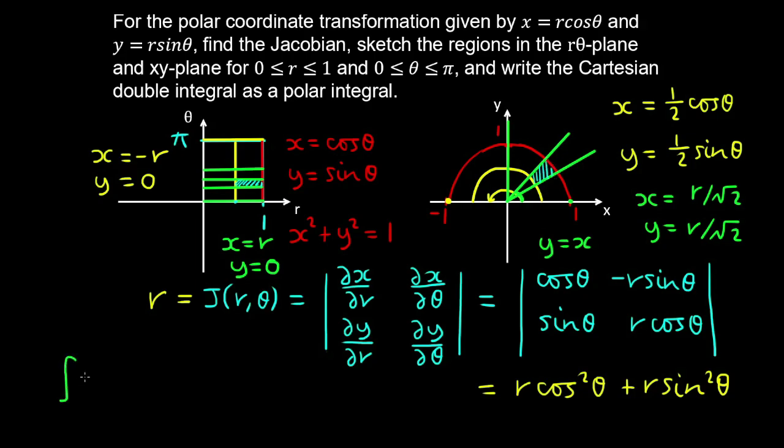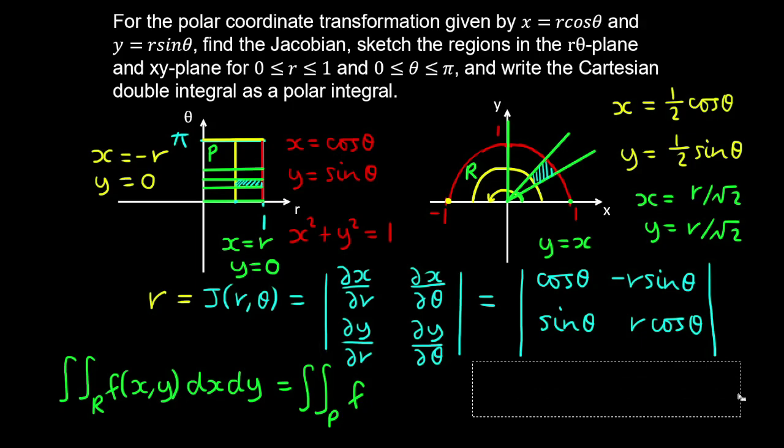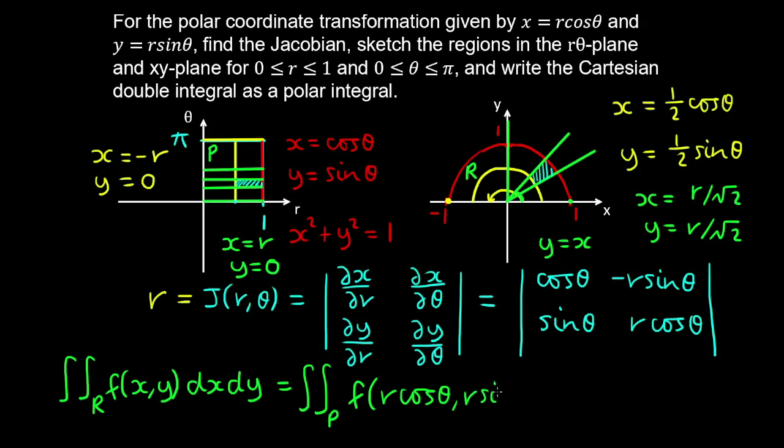So we can write the Cartesian double integral over the region R, being this region, of our function of the Cartesian coordinates x and y as the double integral over the Cartesian region P, and our substitutions would be the function of the polar coordinates. So we have the function of r cosine theta and r sine theta by the absolute value of the Jacobian, which is r, by dr d theta.